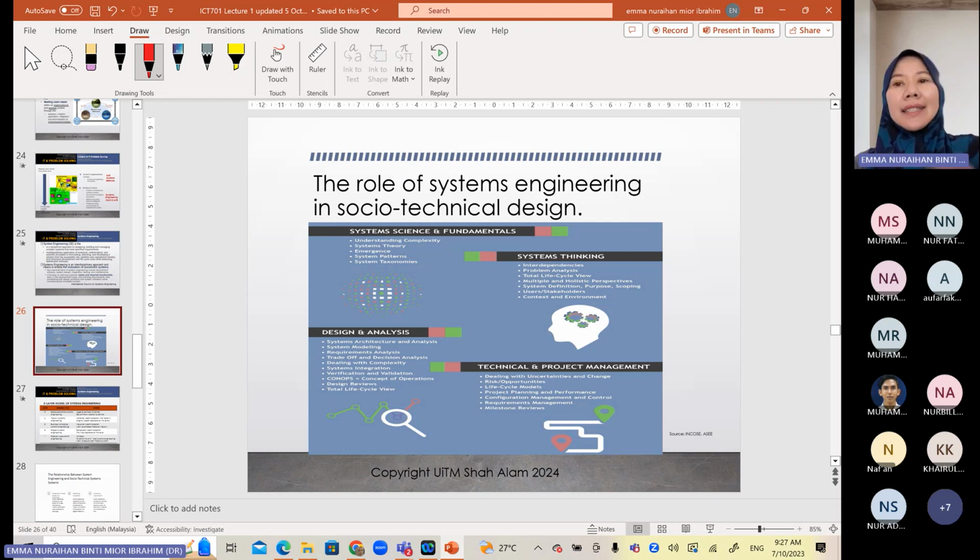For example, like soft problems, I think this is a very typical soft problems. For example, your KPI, your performance. Do you agree that your performance is being evaluated totally by computer-based? Objectify. Do you agree? No. No, why? Kenapa tak computerize saja? Kan semua sekarang ni komputer je. Why?